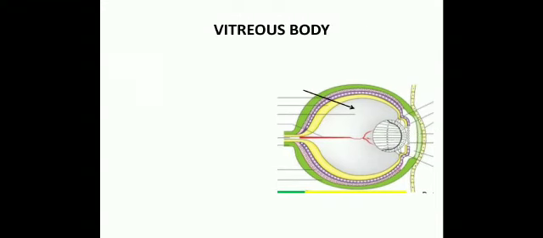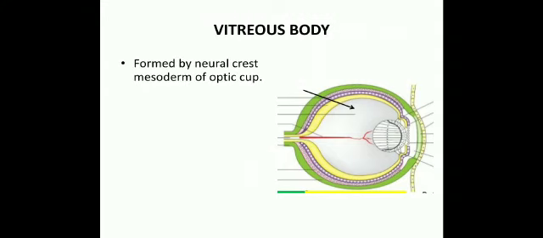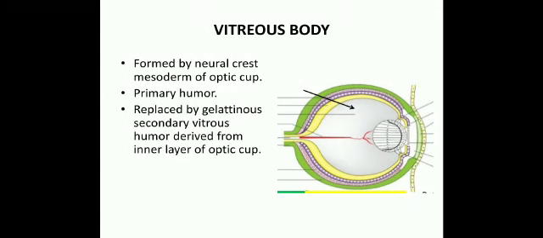Then the vitreous body or the vitreous humor. So, at first the vitreous humor is formed by neural crest mesoderm present in the optic cup. It is called the primary vitreous humor. Later, it is replaced by the gelatinous secondary vitreous humor derived mainly from the inner layer of the optic cup and a little bit from the lens vesicle.